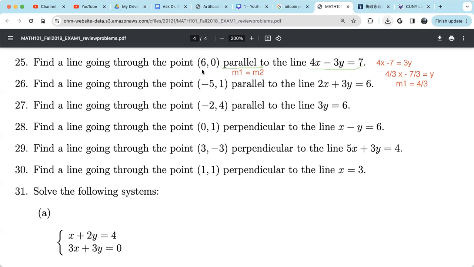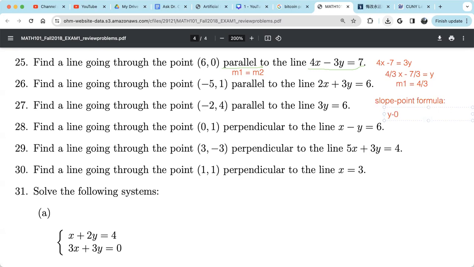And they pass through the point (6, 0), use a slope, so it's called the slope-point formula. Remember that? So we have y minus y1, the y value given, which is 0.